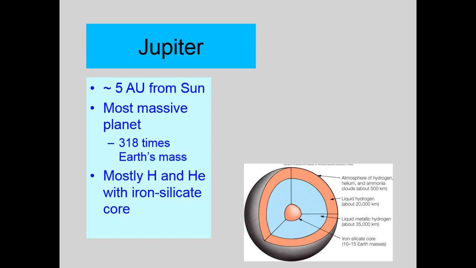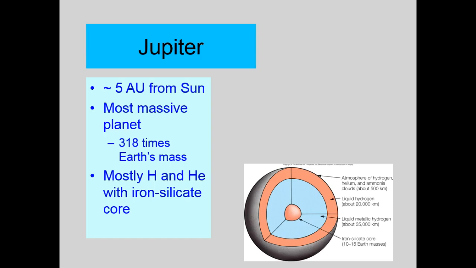So you could get 10 to 15 Earths into that core. So even the core of Jupiter is 10 to 15 times the mass. The total planet is 318 times the mass. So it's huge.